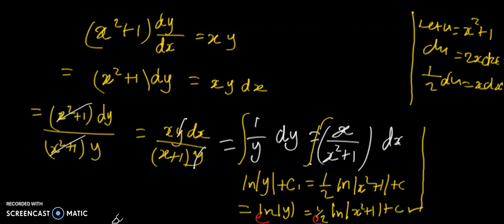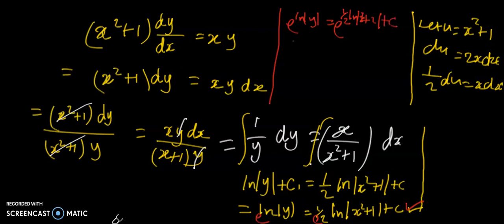But this implicit answer is acceptable. So you can have your answer like this, or you can as well try to solve it explicitly by saying exponential of ln of y will equal exponential of a half ln of x squared plus 1 plus some constant c.